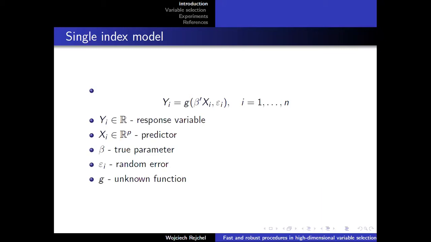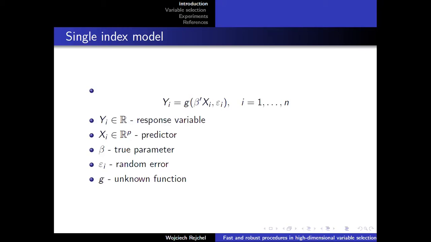And there is a function g, which is unknown. So the relation between predictors and response variable is given by the scalar product of beta times x, which is sometimes called the index. And there is also a function g, which we assume is unknown.